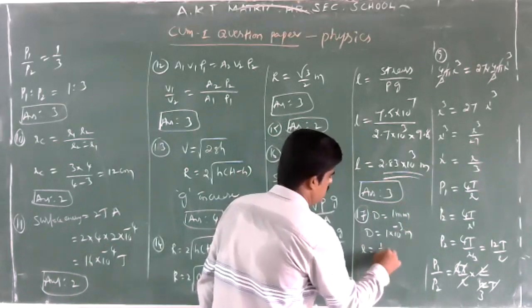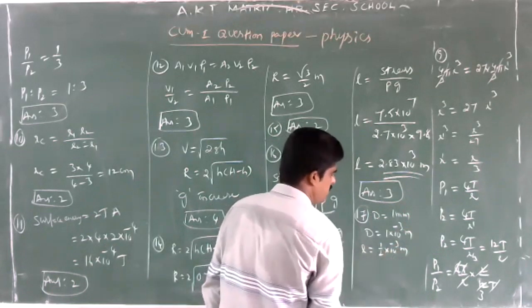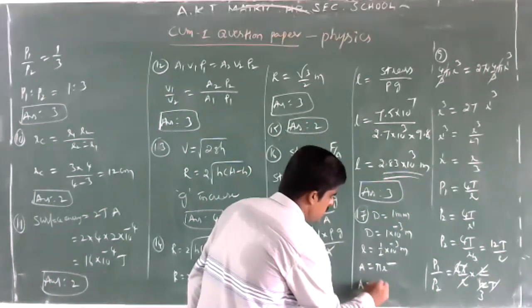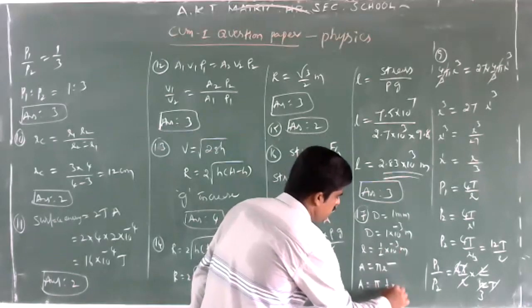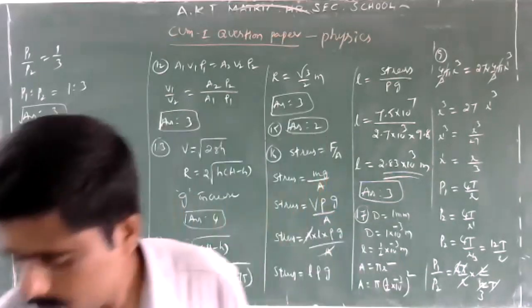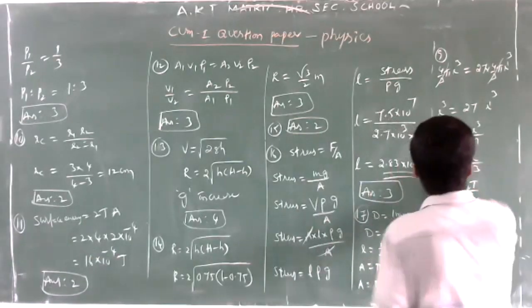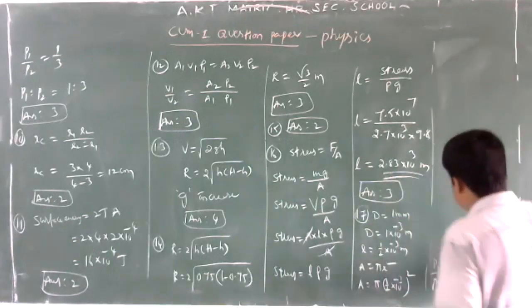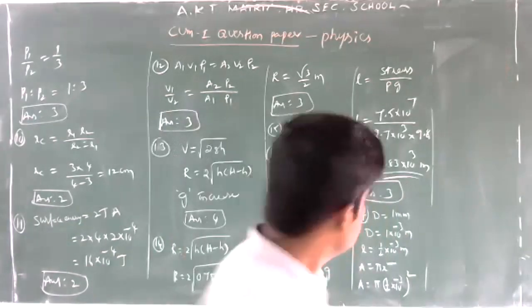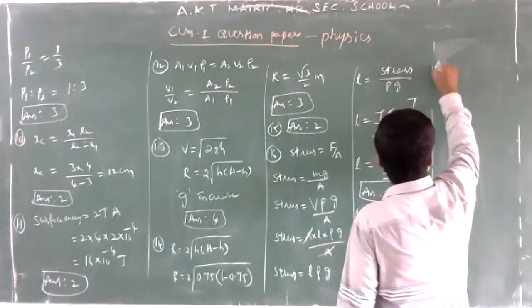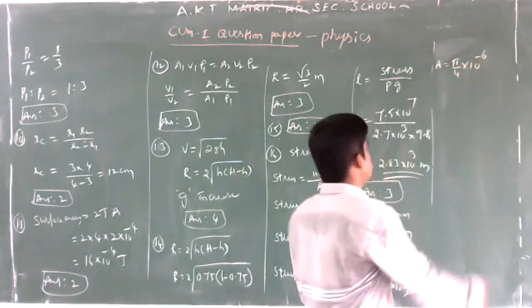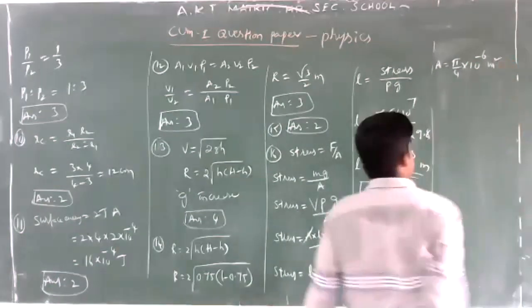Radius R is equal to half × 10^-3 meter. Area of cross-section A is equal to pi r square, so A is equal to pi into (1/2 × 10^-3) whole square, which is pi by 4 × 10^-6 meter square. That is the cross-sectional area of the wire.